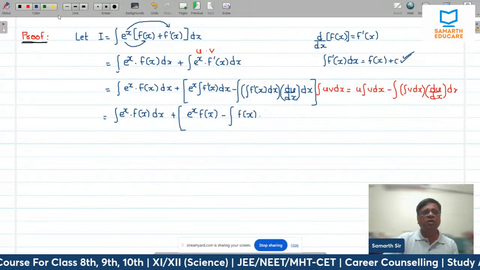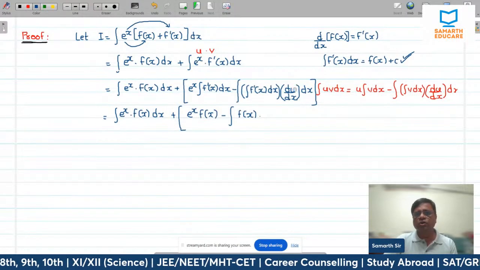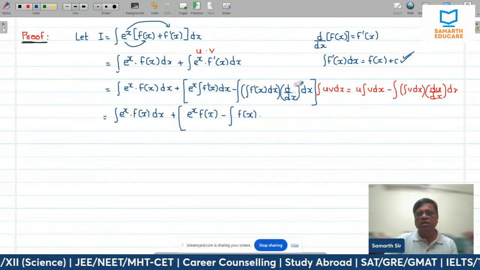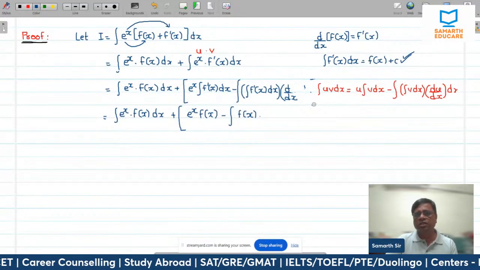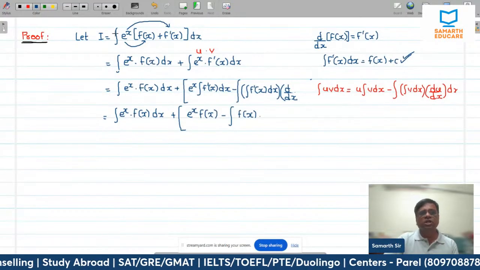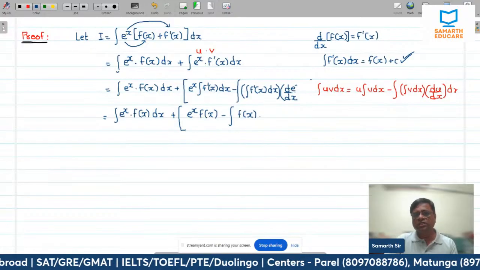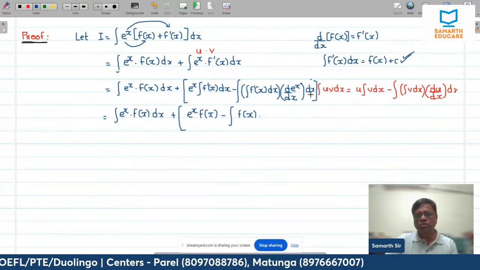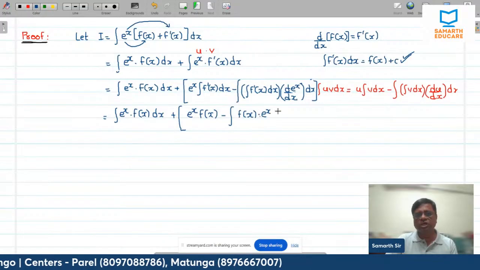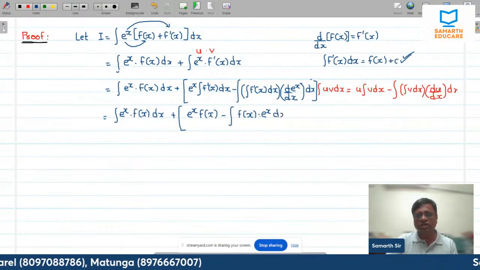So let me again rewrite this here. What is u? e raised to x into dx. So what is the integration of e raised to x? e raised to x dx.